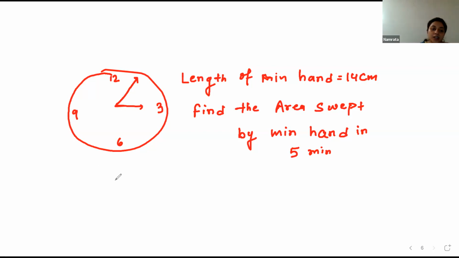So in 1 hour, minute hand covers 360 degree. That means in 60 minutes, 1 hour means what? 60 minutes, it is covering 360 degree.